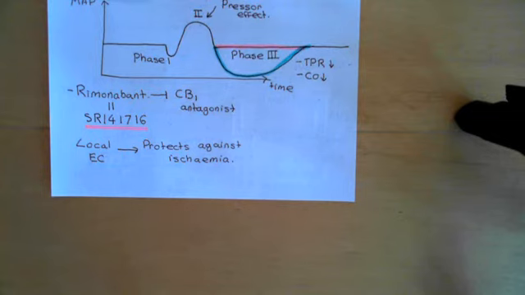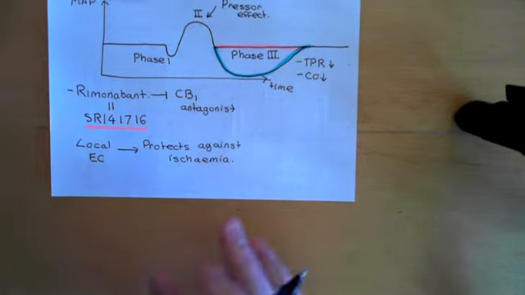So the role of the endocannabinoids then is probably that they're released in this pathological situation of ischemia. There are loads of other inquiries about how they're released in other cardiovascular pathologies, not just ischemia, but it's ischemia that makes the most sense as of yet, so that's the one that I'm presenting principally.